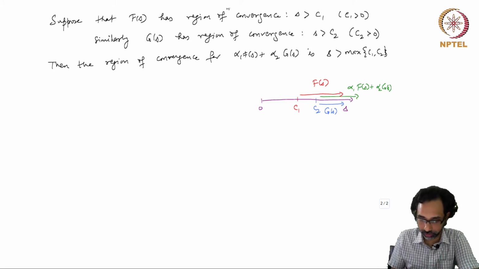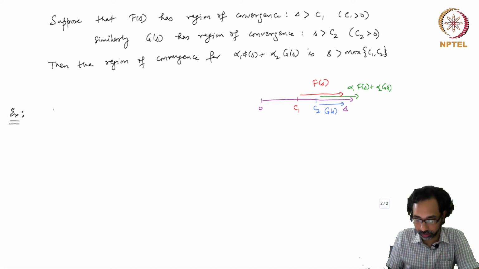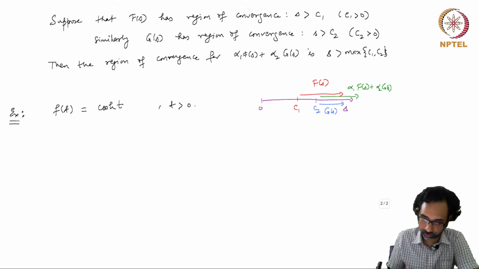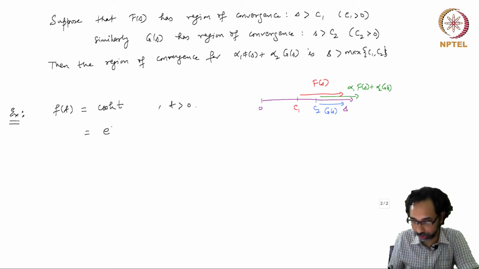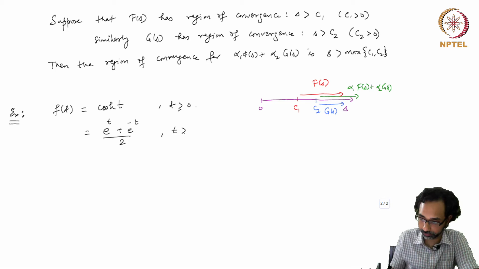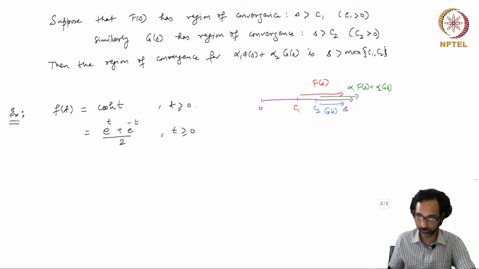So let us try to compute an example using this property. Let's suppose that f(t) is equal to the hyperbolic cosine function, cosh t. Remember that the hyperbolic cosine function is given by (e to the power t plus e to the power minus t) over 2 for t greater than or equal to 0.